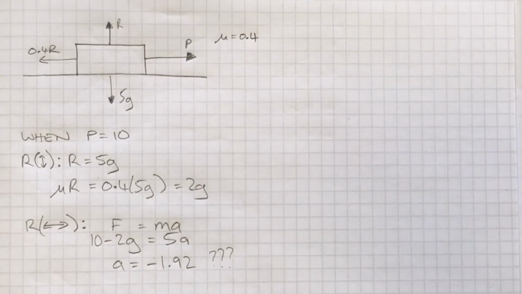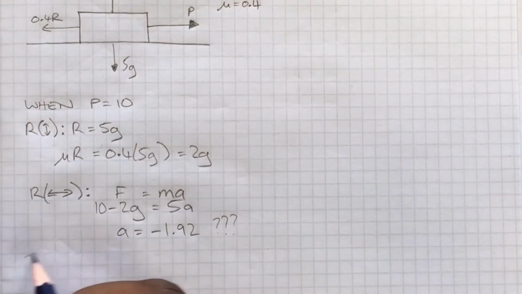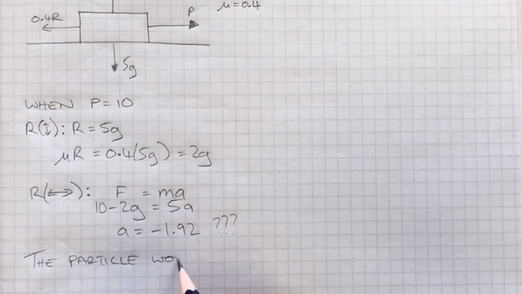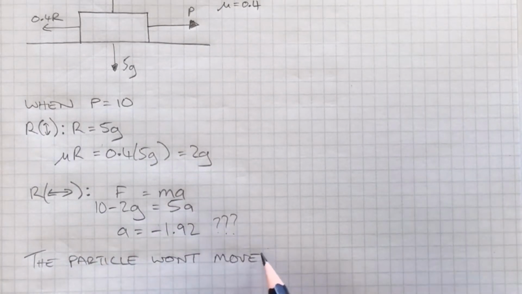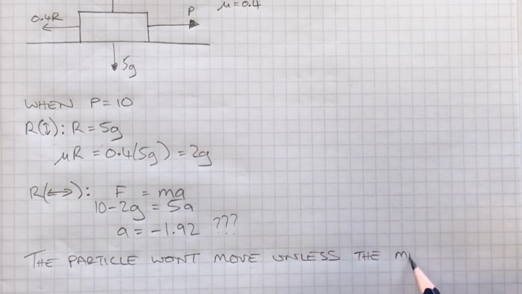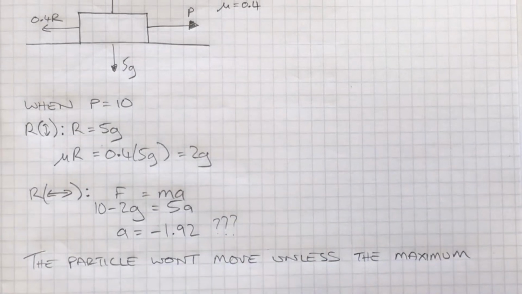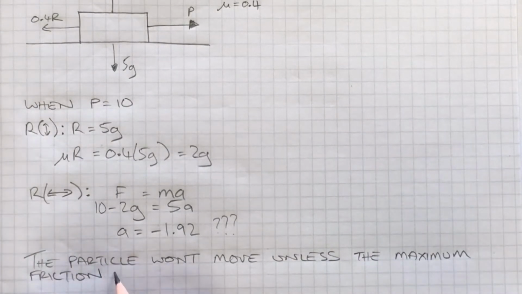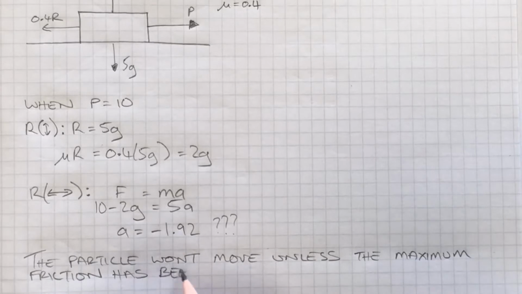Now, this doesn't make any sense. It suggests that the object, the particle, is going to be moving backwards, which cannot be true. The only driving force we have is P, which is trying to pull it forwards. It's either going forwards or it's not moving at all. A particle will not move unless the maximum friction has been activated.